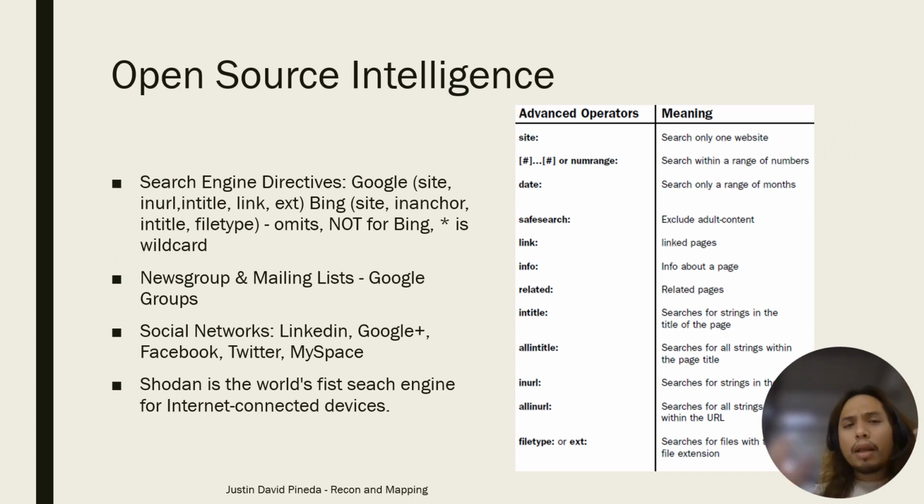Another thing would be open source intelligence, which in other books falls under Google hacking. But mostly it talks about being able to filter and get information based on search queries and keywords. So, like in Google, you use certain keywords, Bing, and go to different newsgroups and mailing lists.